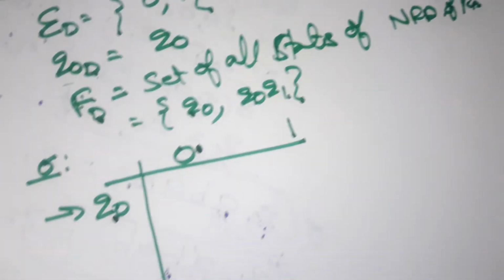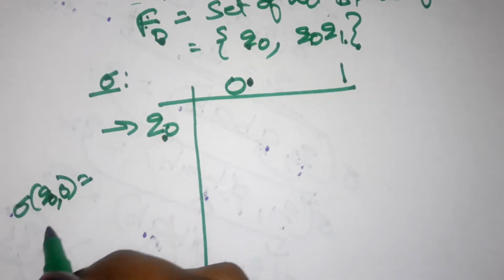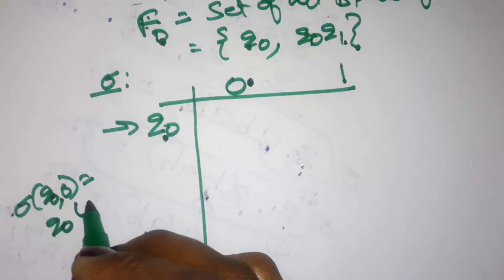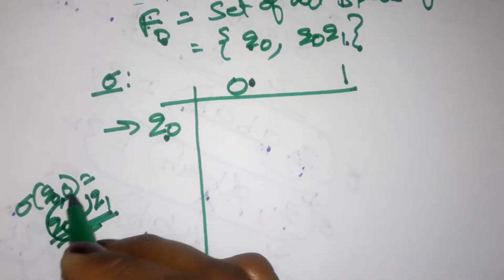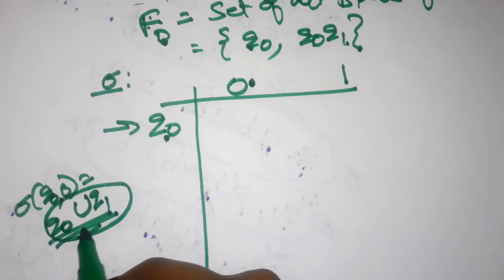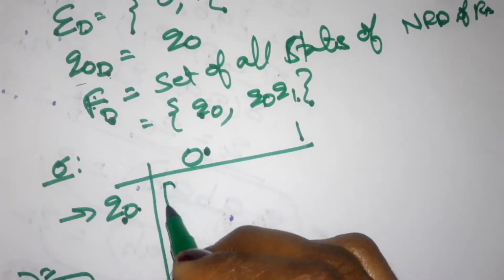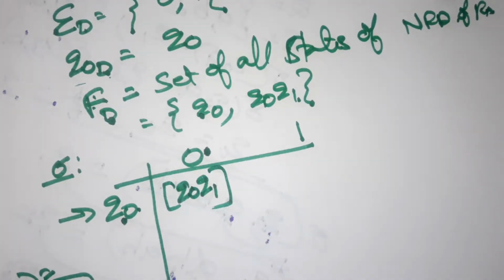So the transition function of Q0 on 0 is the union, Q0, Q1, which means Q0 on 0 is going to the state Q0, Q1.